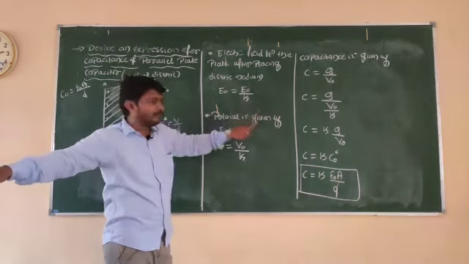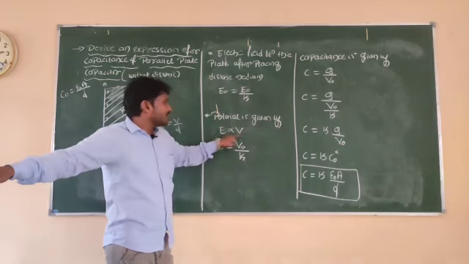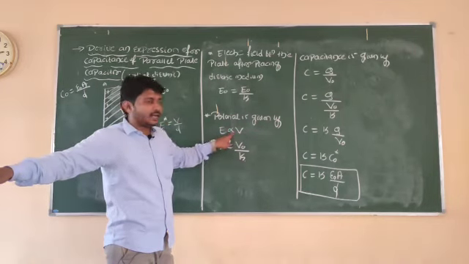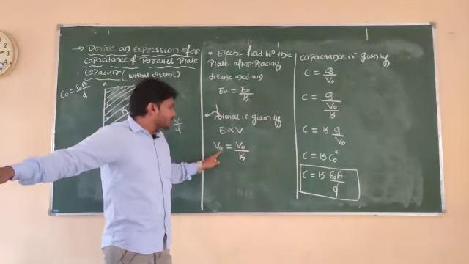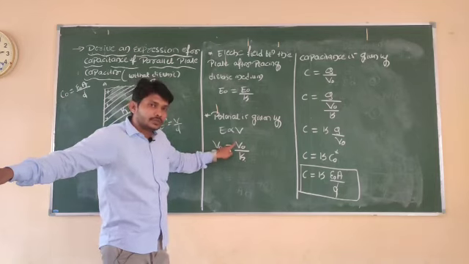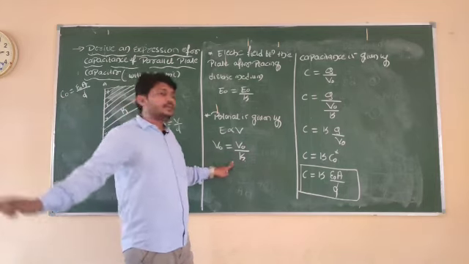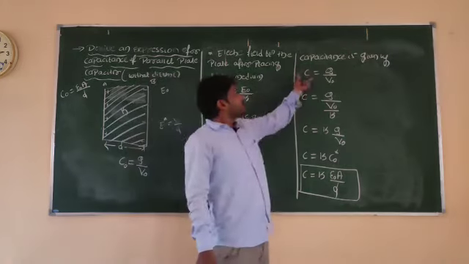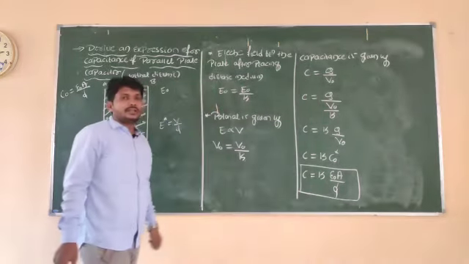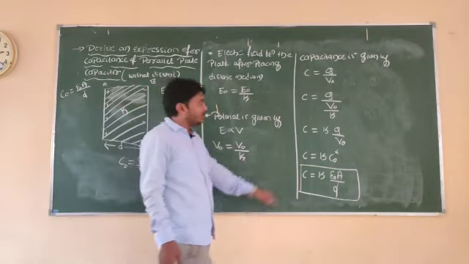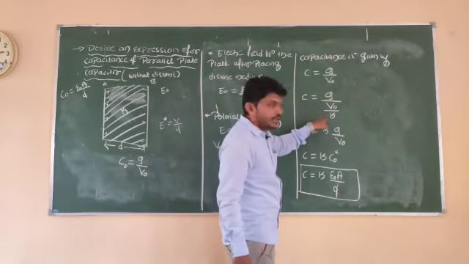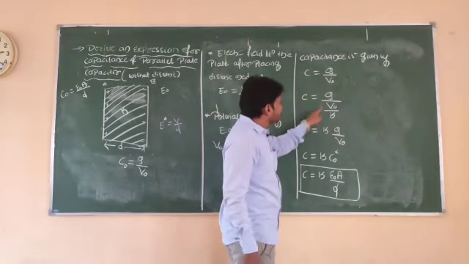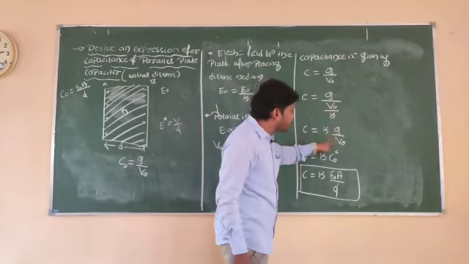From the relation between field and potential, V is directly proportional to E, so potential also decreases from V0 to V0 by K. So what about the capacitance value? C is equal to Q by V0, and the potential changes from V0 to V0 by K, so K into Q by V0.